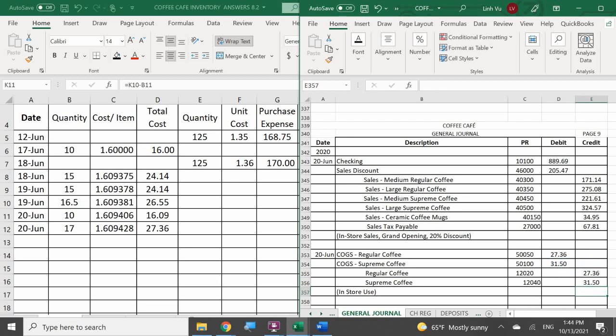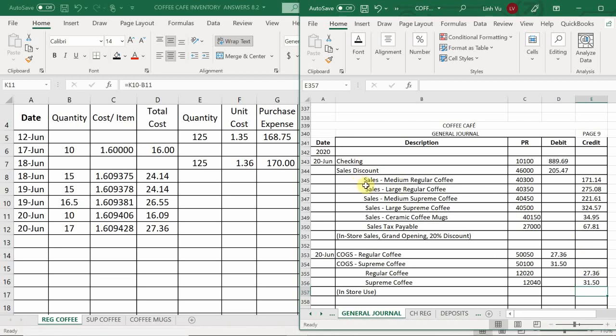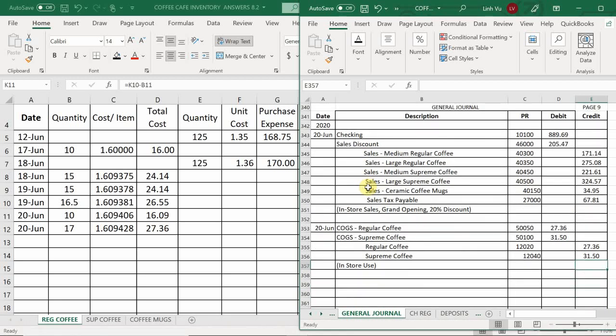And then we have regular coffee and Supreme coffee, because we had to take it out of inventory. 27.36 and 31.50. So this is the in-store used coffee.